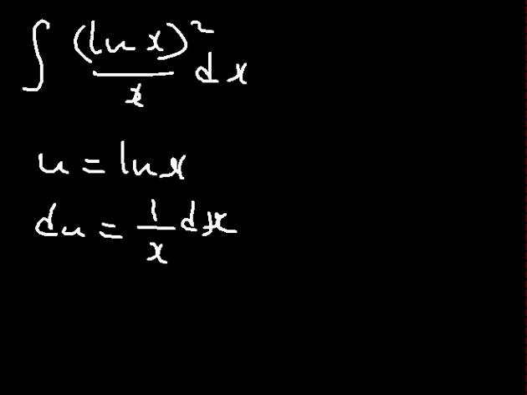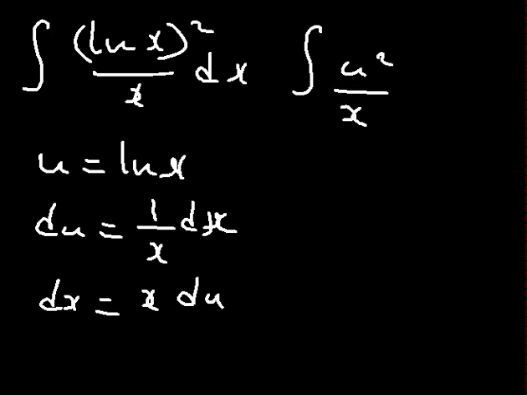Then I should make dx the subject, in the sense that dx is equal to x du. Then I will substitute, and have the integral of u² over x times x du.